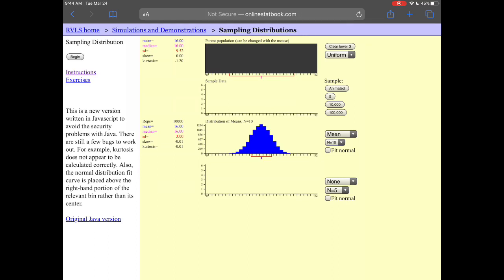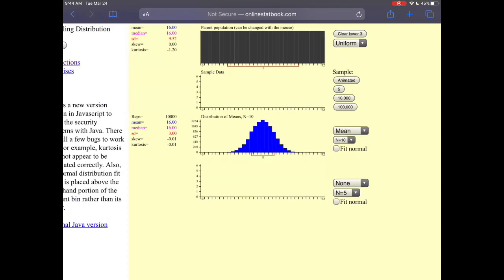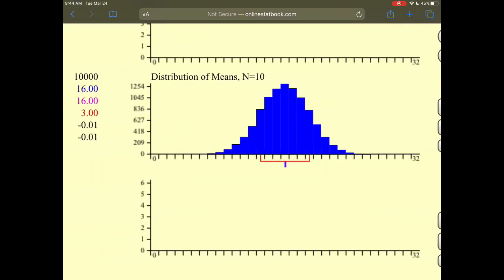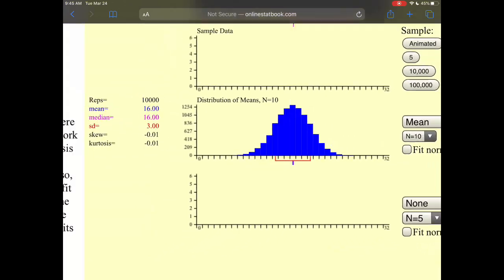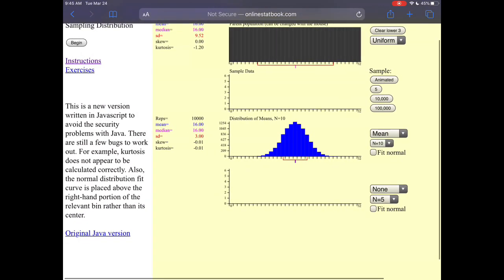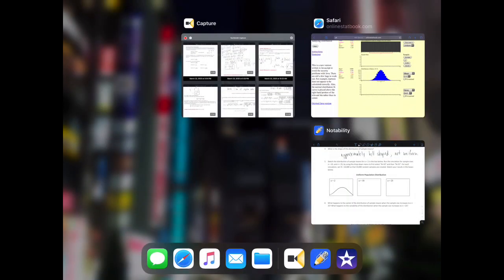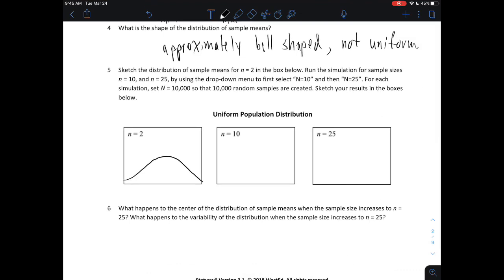If you try to look at the horizontal axis, you can think that the smallest value is at about 7, and the highest value is not as high as 32 anymore. It's maybe 25. So we've got a skinnier distribution. So in our graph for this, we'll just make it skinnier than what it was.